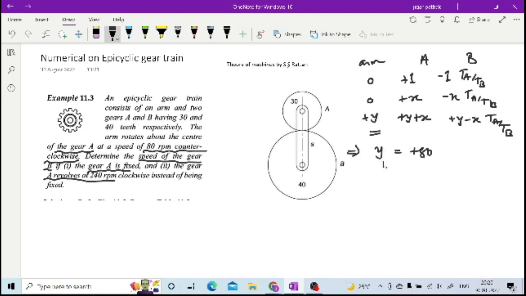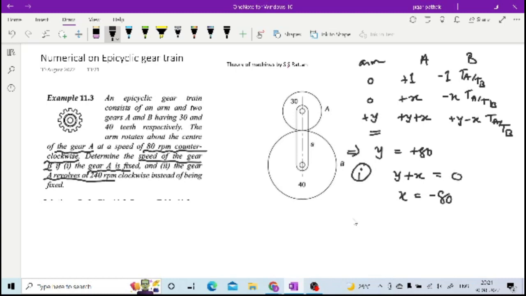So y is given as plus 80. Now if you consider the first case, gear A is fixed, which is y plus x. So if y plus x is zero, and you already know y is plus 80, then you can calculate that x is minus 80.